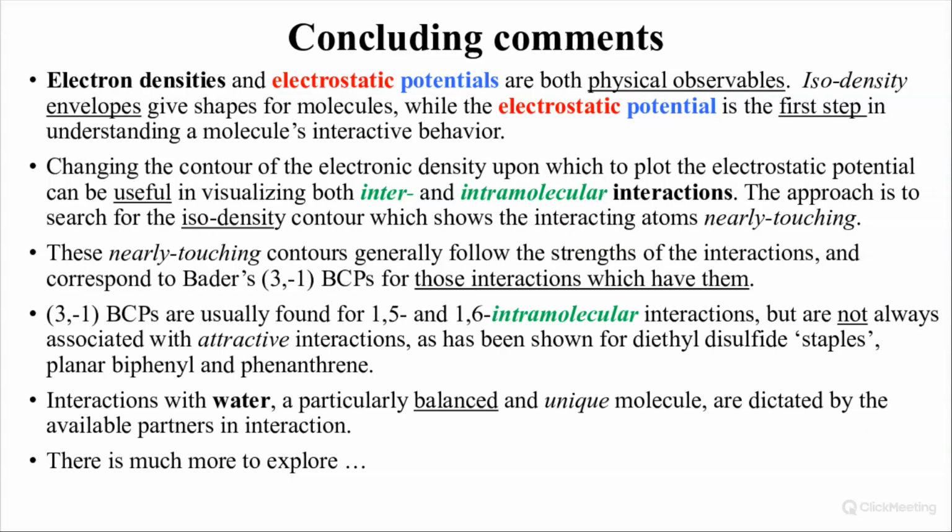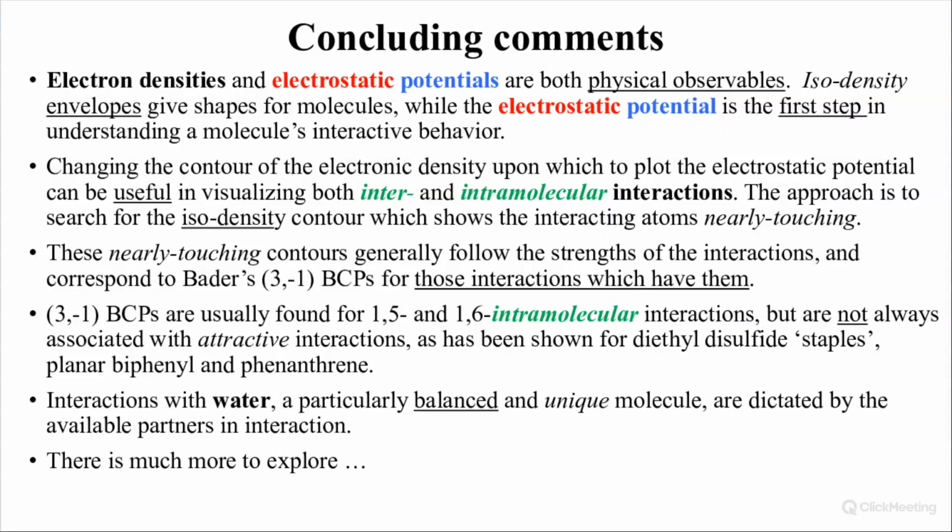Now I'm concluding with comments. Both electron densities and potentials are physical observables. Isodensity envelopes give shapes, while the electrostatic potential is the first step in understanding a molecule's interactive behavior.